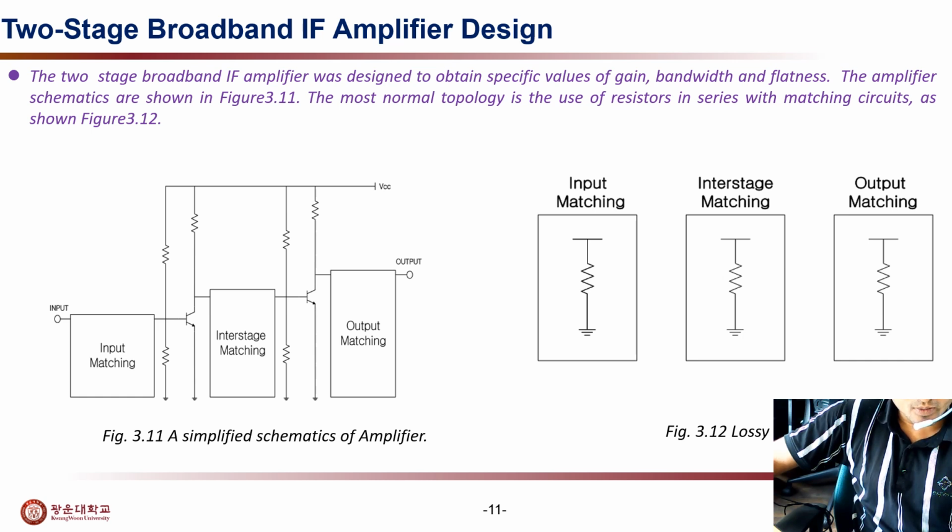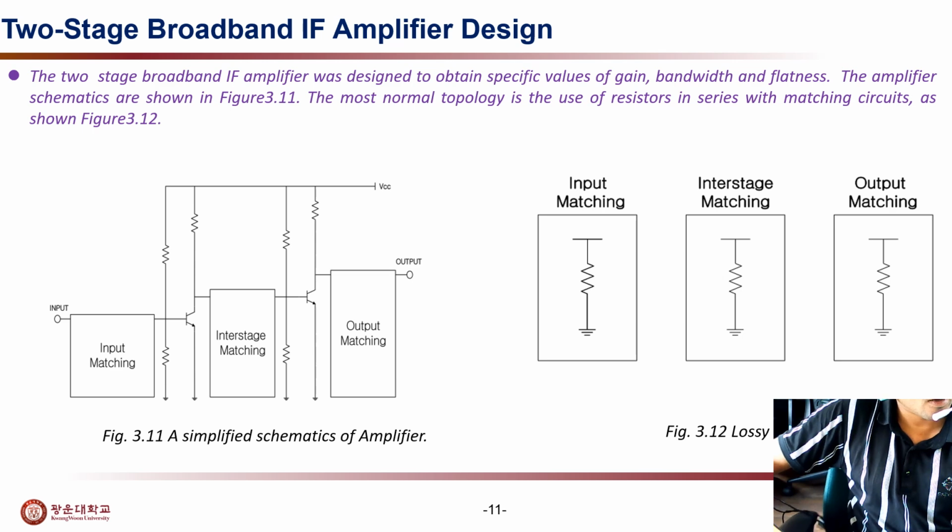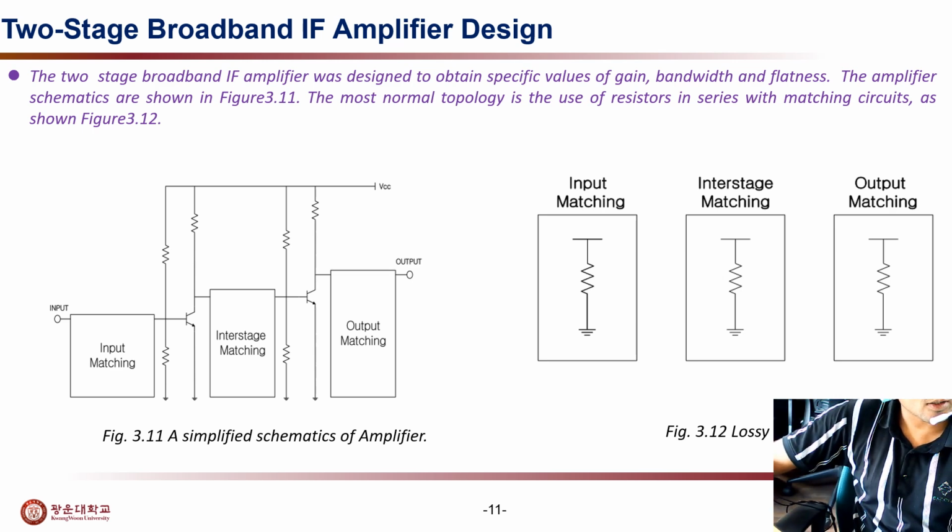In the emitter of the heterojunction bipolar transistor, this constant DC current is supplied with resistors, and these resistors connect with the base and emitter of the heterojunction bipolar transistor. It is a heterojunction bipolar transistor. It is also a heterojunction bipolar transistor.